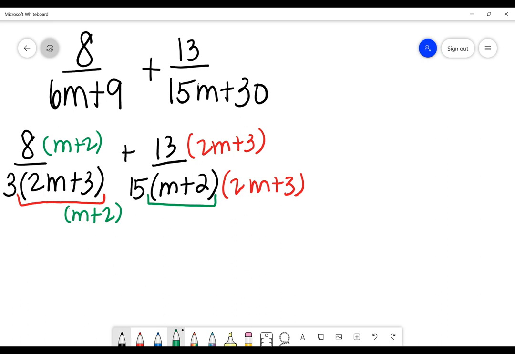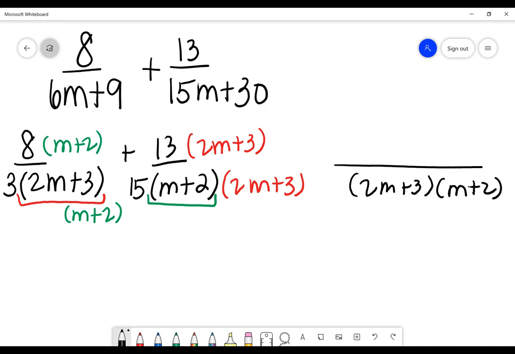My common denominator is going to have 2m plus 3 and m plus 2. We've made that happen. However, we still have these two numbers, a 15 and a 3. So we want to think, what's the least common multiple between them? What's the smallest number that both of these numbers can multiply to?